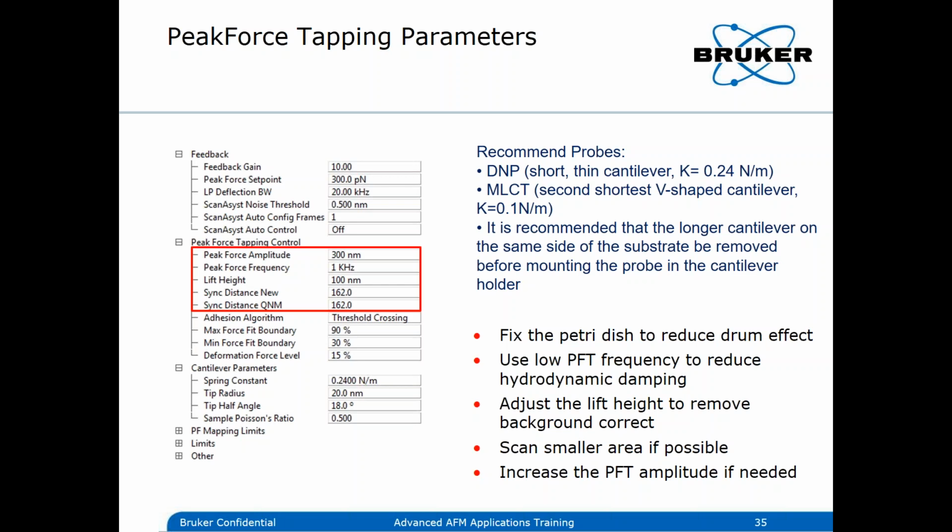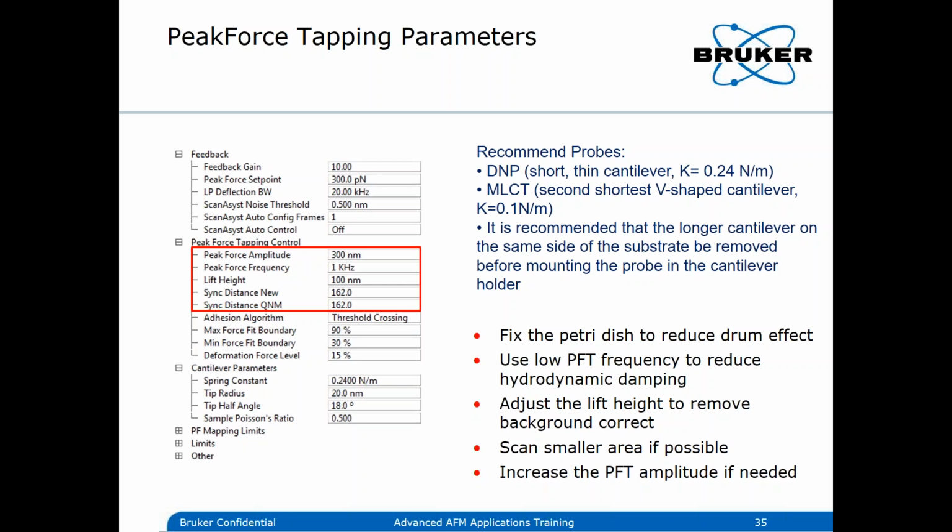Other parameters again: fix the Petri dish to reduce the drum effect, and use a low PeakForce Tapping frequency. The default on a Catalyst is 1 kilohertz, on the MultiMode and ICON it is 2 kilohertz. So use a lower PeakForce Tapping frequency, half a kilohertz or a quarter of a kilohertz would do the trick.